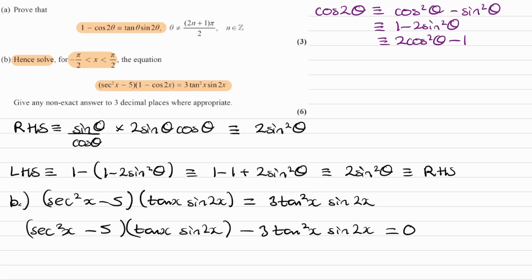So we have a common factor of sine 2x and also a common factor of tan x. So we can take those two things out. So tan x sine 2x, and what we're left with is, from this first term, this whole thing here, we're left with sec squared x minus 5. And in the second term, we're left with 3 tan x.